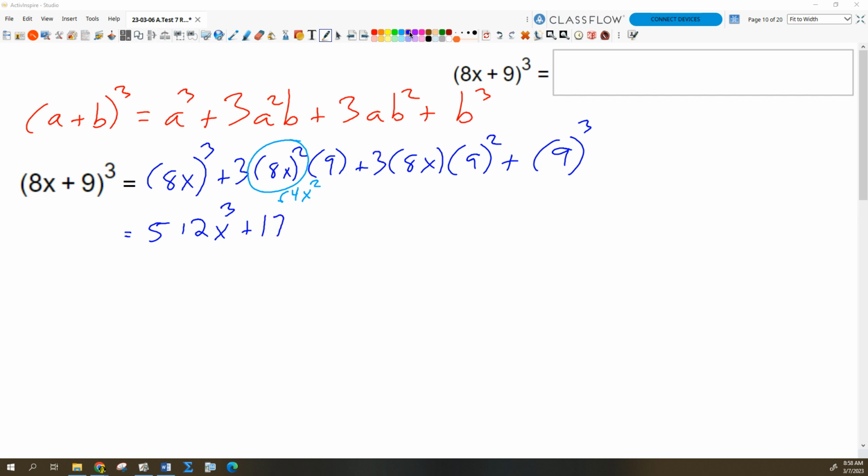So we get 1728. And what power of x? Squared. Good, because I'm going to have to square that x, aren't I? So x squared plus, this 9 squared is going to turn into an 81. So we need 3 times 8 times 81. 1944, okay.